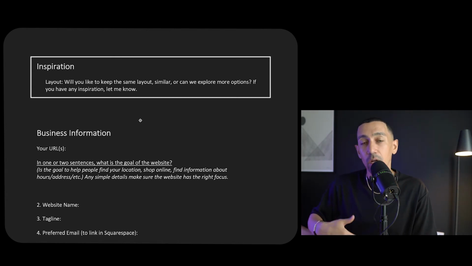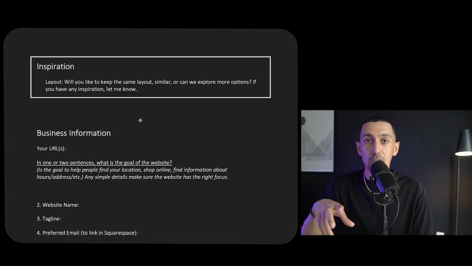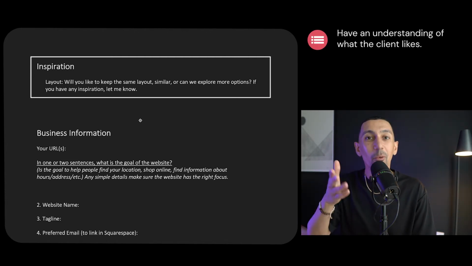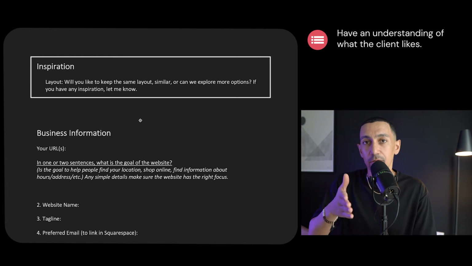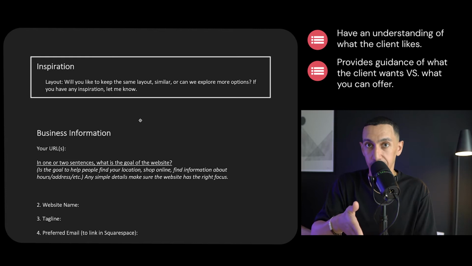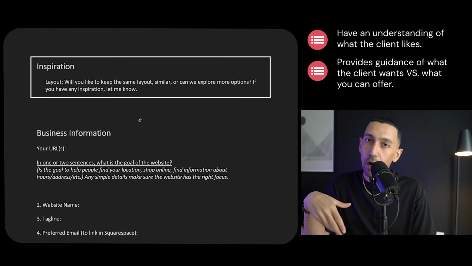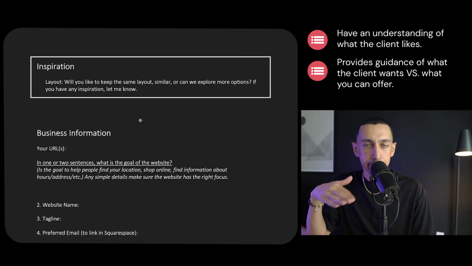So for inspiration, what I'm asking for is 1 to 3 websites from the client that they can share with me that they like. This does a few things. Obviously, it shows me what they like, but it also gives me a clear guide of what I can compare what they want versus what I can offer. If they send me Amazon.com or Macy's.com, that's a big red flag for me because it doesn't seem as if it's clear on what they want.